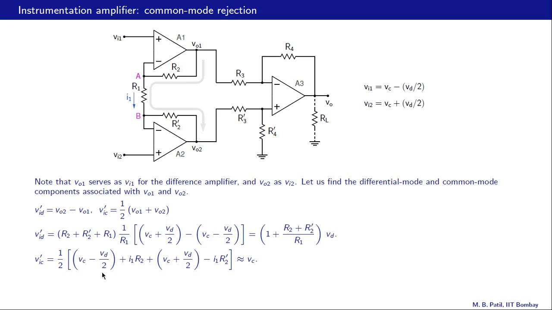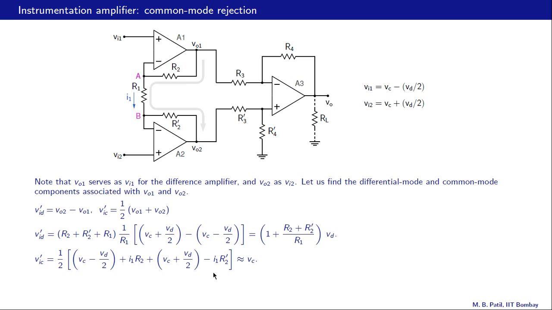So VC minus VD by 2 plus this voltage drop I1 R2. What about VO2? It is VB, which is the same as VI2, which is VC plus VD by 2, minus I1 R2 prime. So that is VO2.